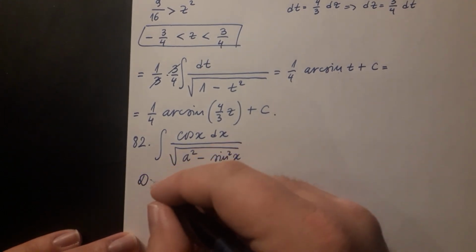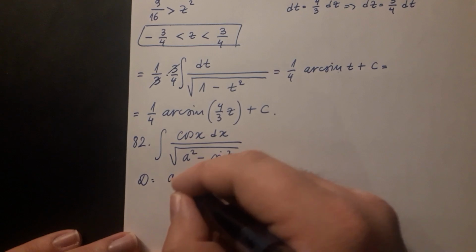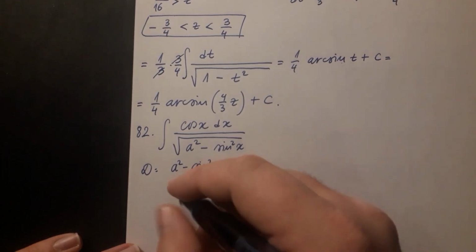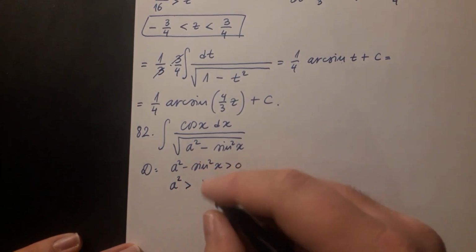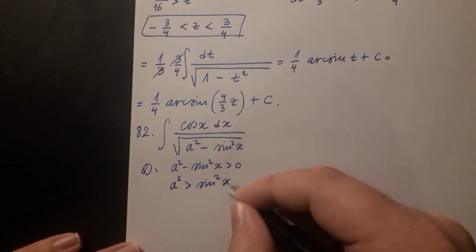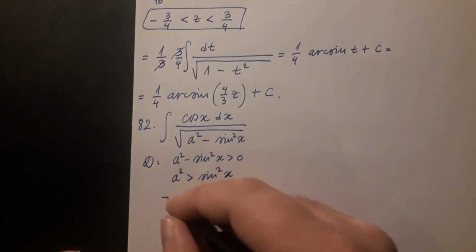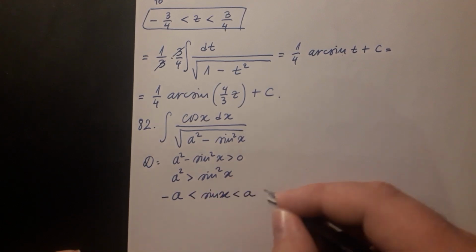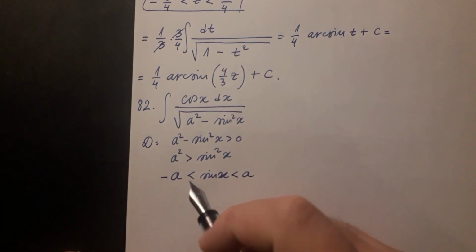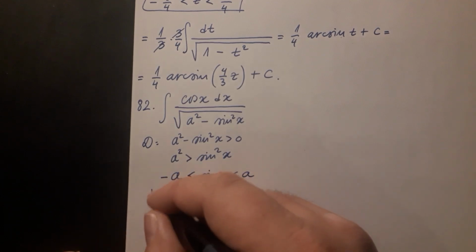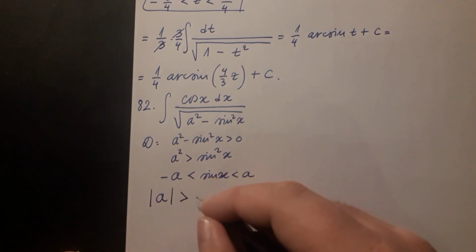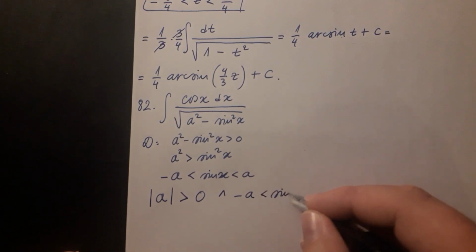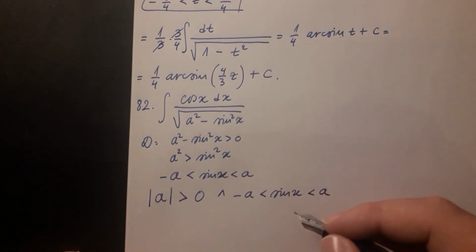Now, in order for this integral to be well defined, a squared minus a sine squared of x has to be strictly larger than 0, which means that a squared is strictly larger than sine squared of x, which means that negative a is smaller than sine of x, and that is smaller than a. Well, the area in which this integral is defined then has to be for a under the absolute value to be larger than 0 and negative a smaller than sine of x, and that smaller than a.